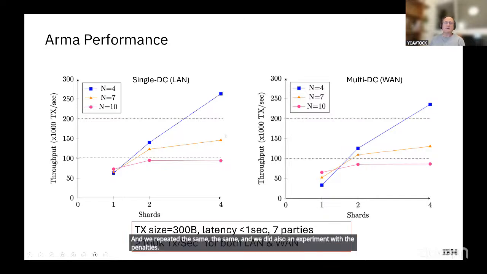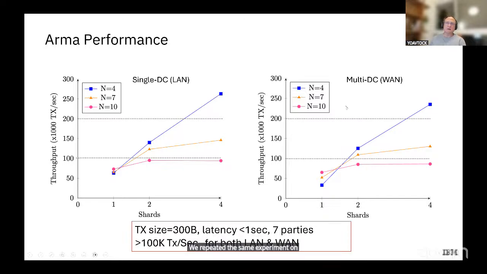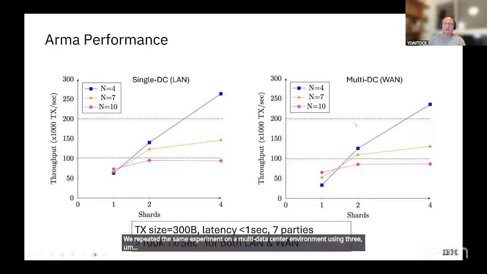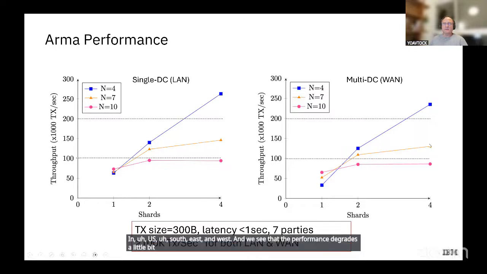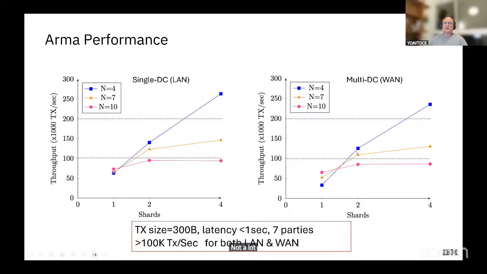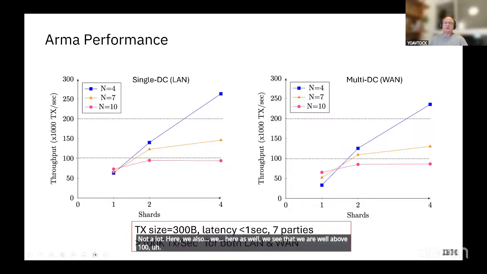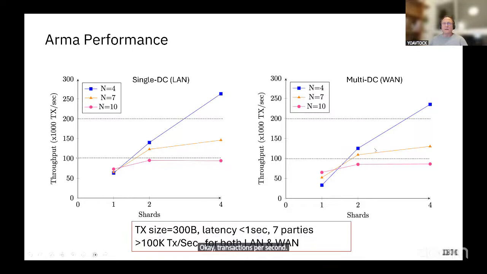We repeated the same experiment on a multi-data center environment using 3 data centers in the United States, in US South, East, and West. And we see that the performance degrades a little bit, but not a lot. Here as well we see that we are well above 100K transactions per second for the recommended deployment size, which is 7 nodes.